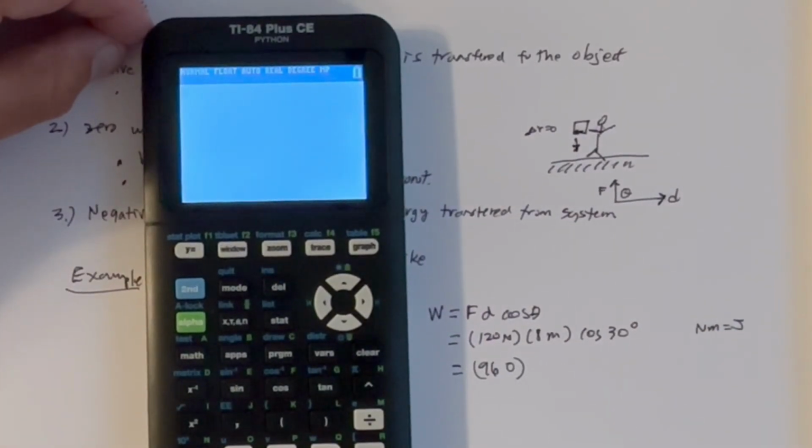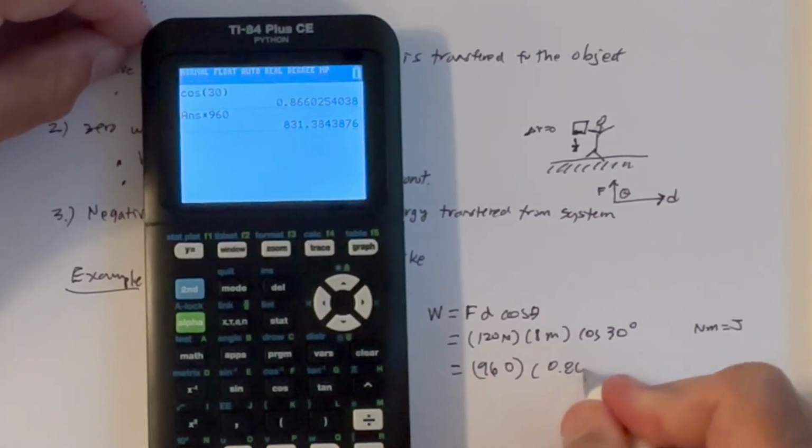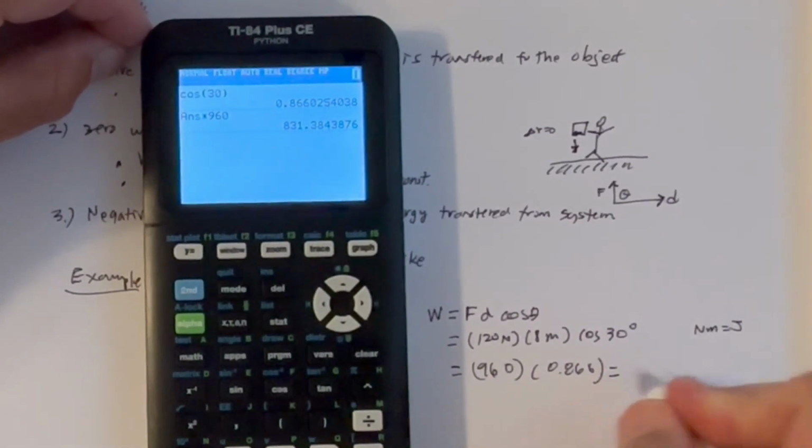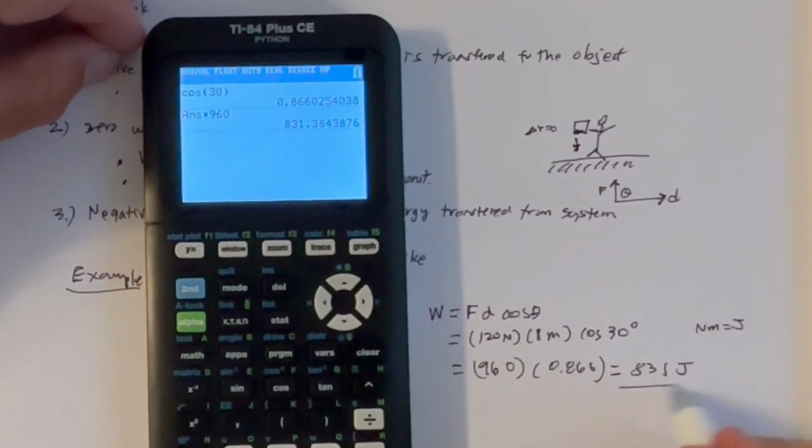So now let's do the cosine. That's 0.866. Now let's multiply that by 960. So that's going to be equal to 831 joules. So there's our answer.